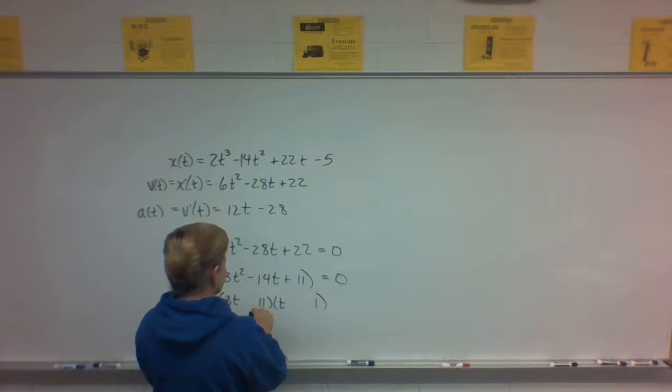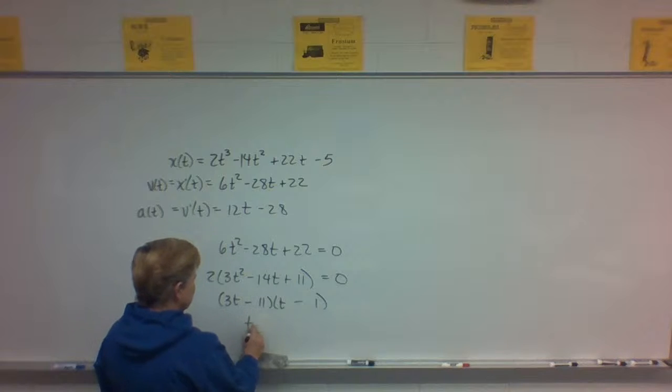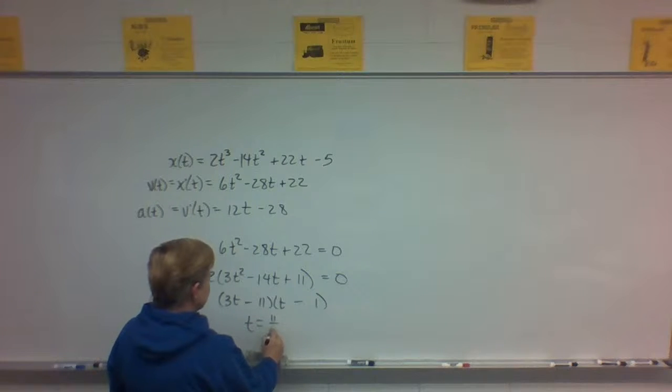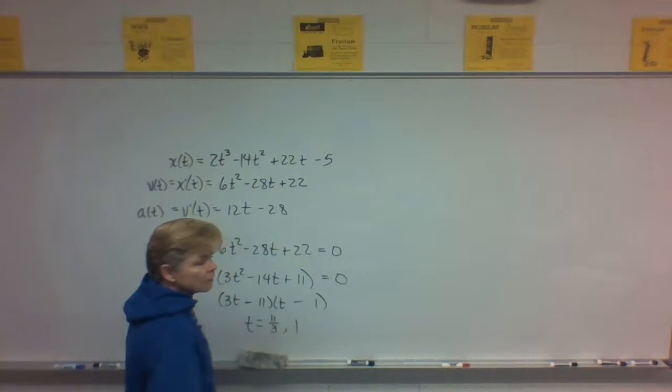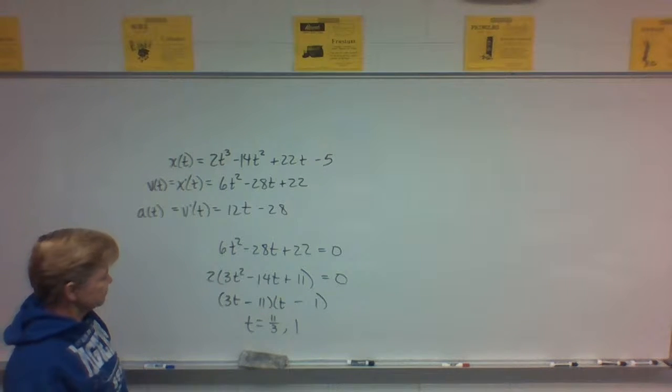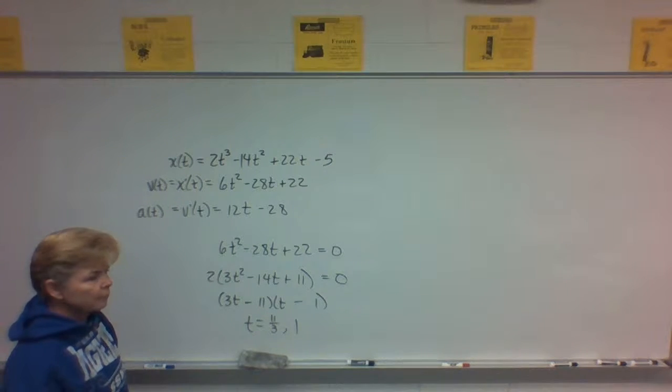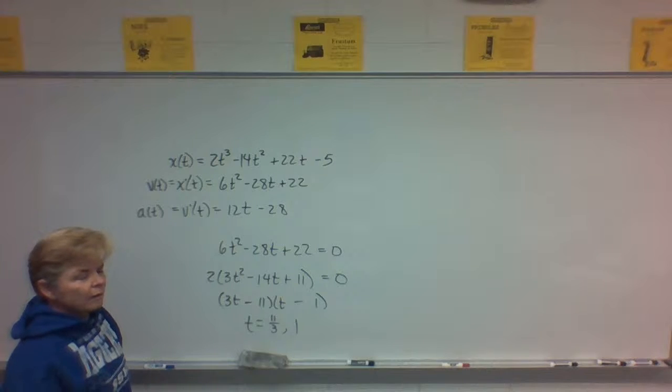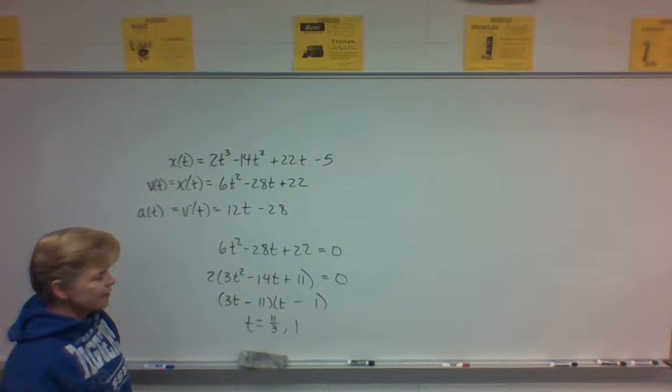That gives me 3 plus 11 is 14, both negative. So t is 11 thirds and 1. The 2 just disappears, because the 2 can never be 0. So there are critical values at 11 thirds and 1.